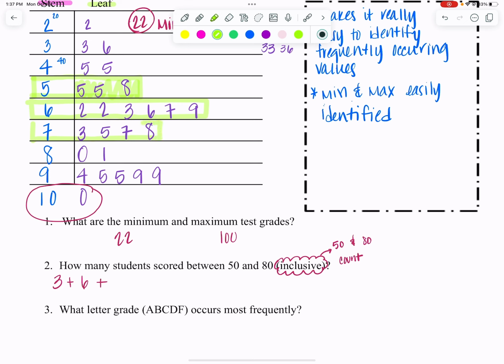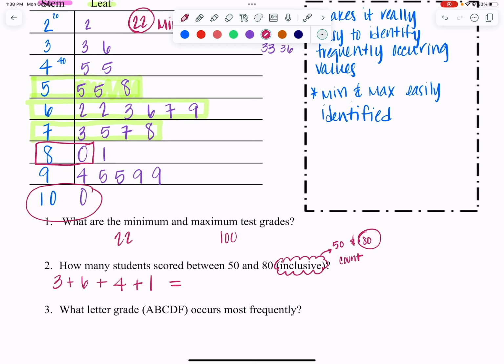If I go to the 70s, I have 4. Now I have to be careful because I don't want all of the 80s. I just want to include 80. I only have 1 80. I don't want the 81 because it said between 50 and 80. 80 was my cutoff, inclusive.